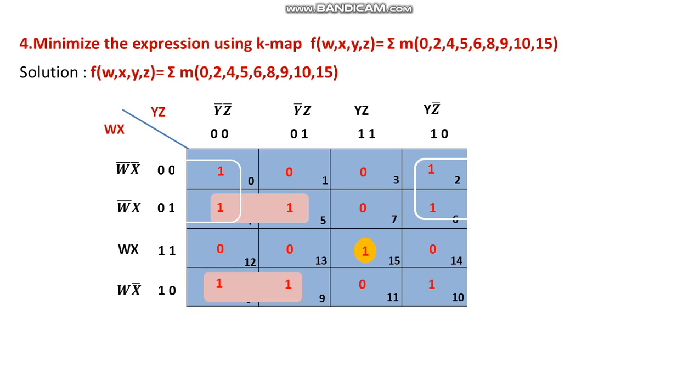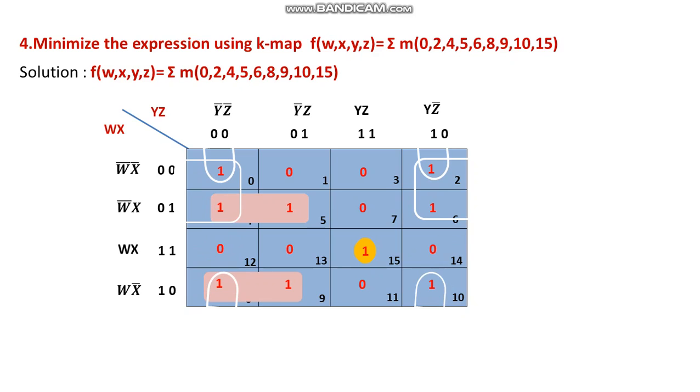Okay. Your 10 is adjacent to what? 2, 0. 2 is adjacent with 0 and 0 is adjacent with 8. So we have a quad over here. So it is 0, 2, 8 and 10, which is also a quad.